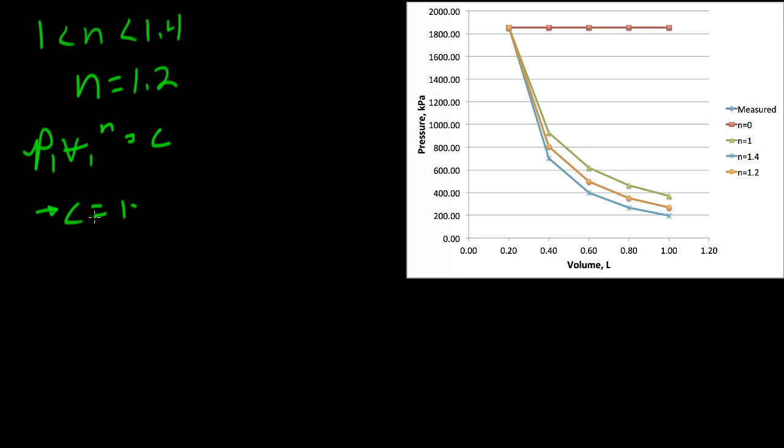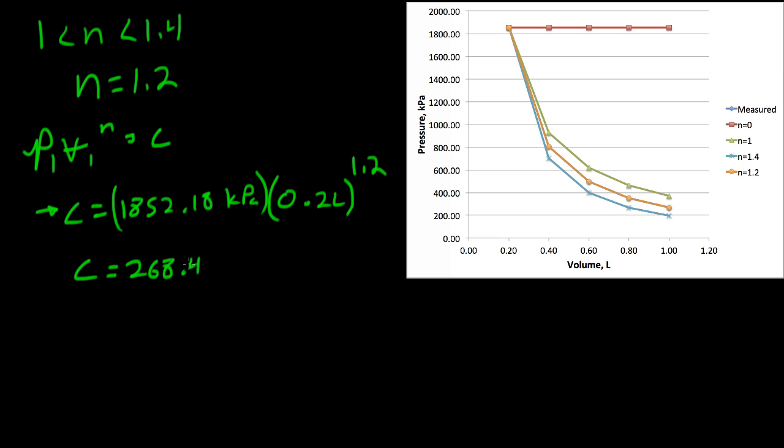Our constant is 1852.18 kPa times V1, which is 0.2 liters, raised to the n, which is 1.2. And so our constant is equal to 268.484 kPa liters to the 1.2. Note that the values for C and the units are different again.